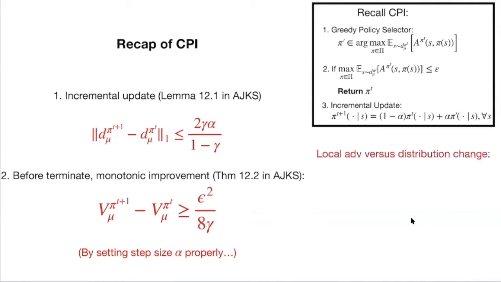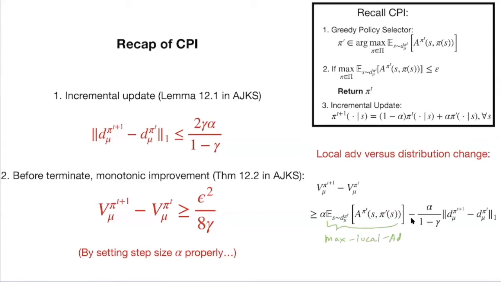And the key message behind this proof is that we are trading off this local maximum advantage against the distribution change. If you look at the difference between the two policies, it is lower bounded by this expression, where this term is the maximum possible local advantage that we can achieve at this moment against our current policy, and this is the distribution change.